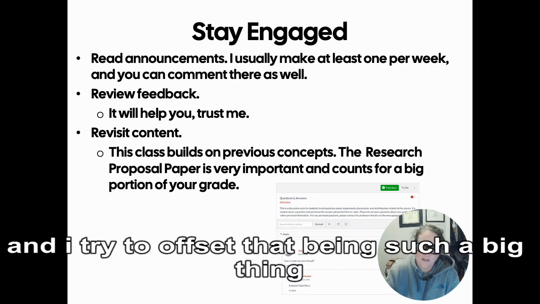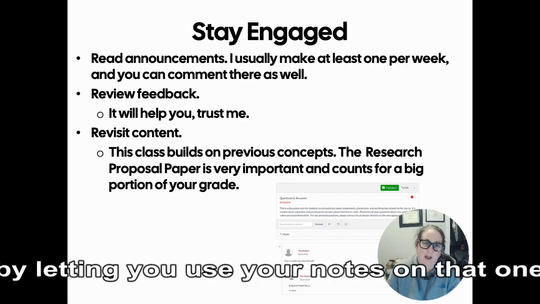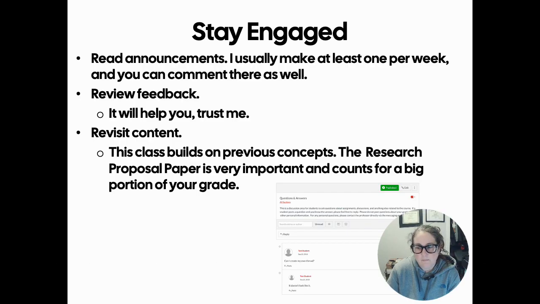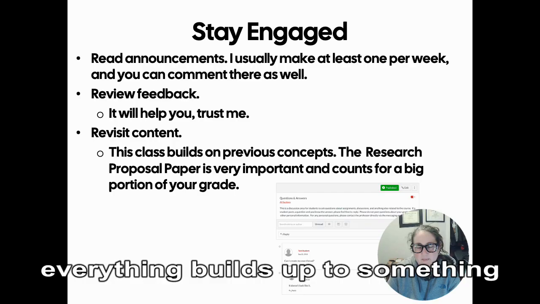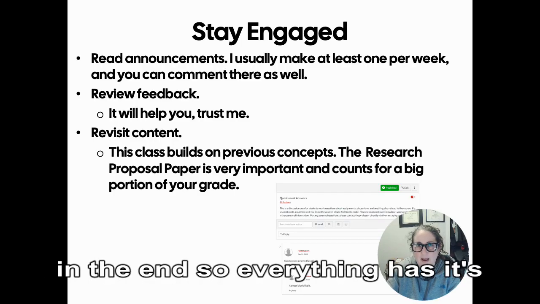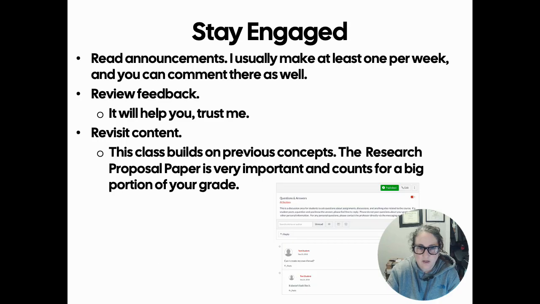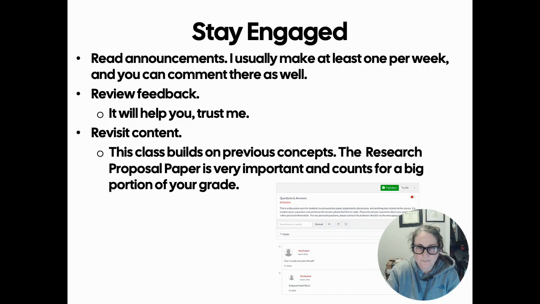And I try to offset that being such a big thing by letting you use your notes on that one, and it being open book. The other exams, we'll talk about that in the syllabus, but everything builds up to something in the end. So everything has a purpose and a place in this course. So revisiting that content is going to help you in the end.